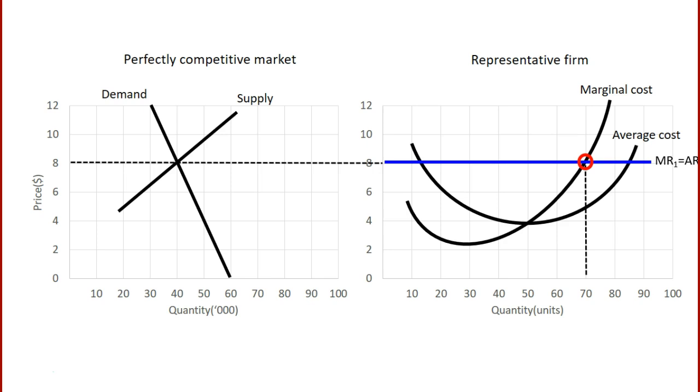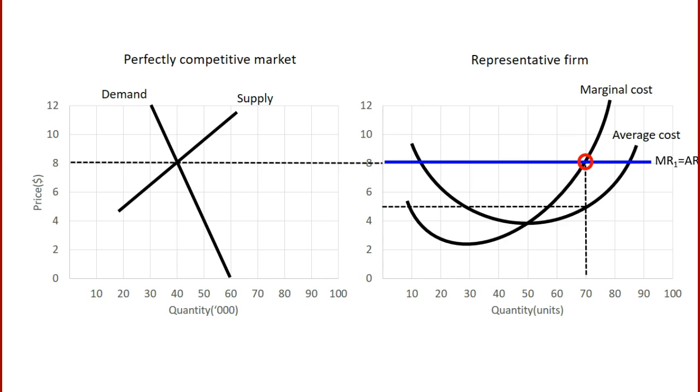How much profit is being generated? Well, we know the revenue per unit, that is the average revenue. What about the cost per unit, the average cost? Well, that's given by the average cost curve. So for 70 units of output, we can see that the average cost, or the cost per unit, for each of the 70 units, will be $5.